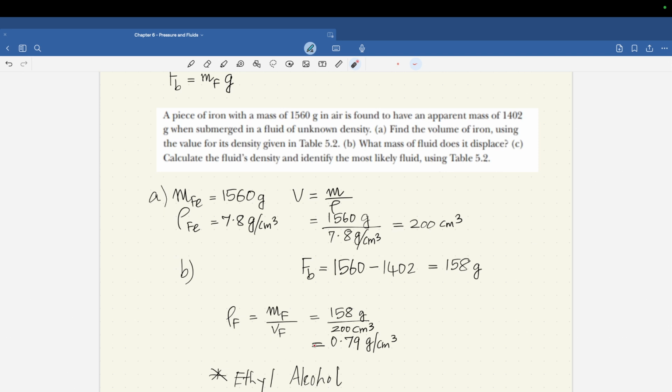All right, going back to this case, because it's completely submerged, we have the volumes to be the same, so now it's easy to find the density of the fluid. Divide 158 by 200 and you get 0.79 gram per centimeter cube. All right, and identify the most likely fluid using the table. It's ethyl alcohol. That is the fluid.